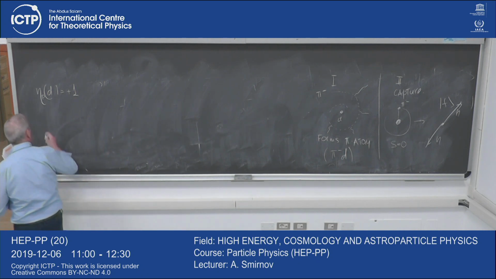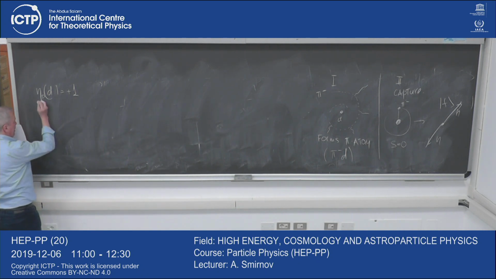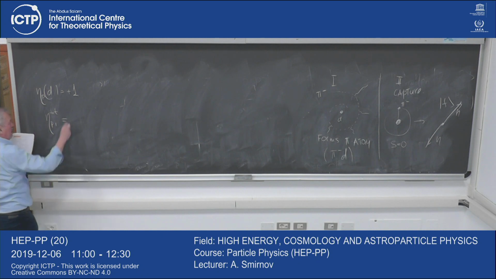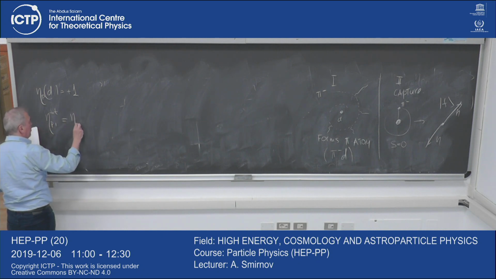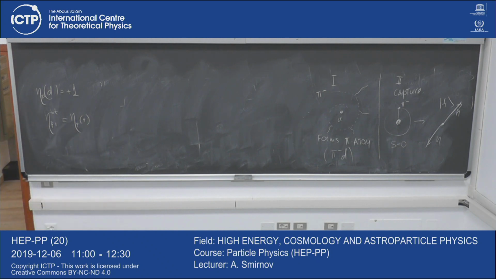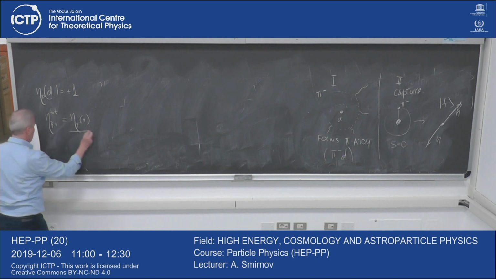Therefore, the total parity of the initial state just equals the parity of pi, right? So there are no internal parities of proton and neutron. Parity of the orbital motion is +1. And therefore this is the initial parity.